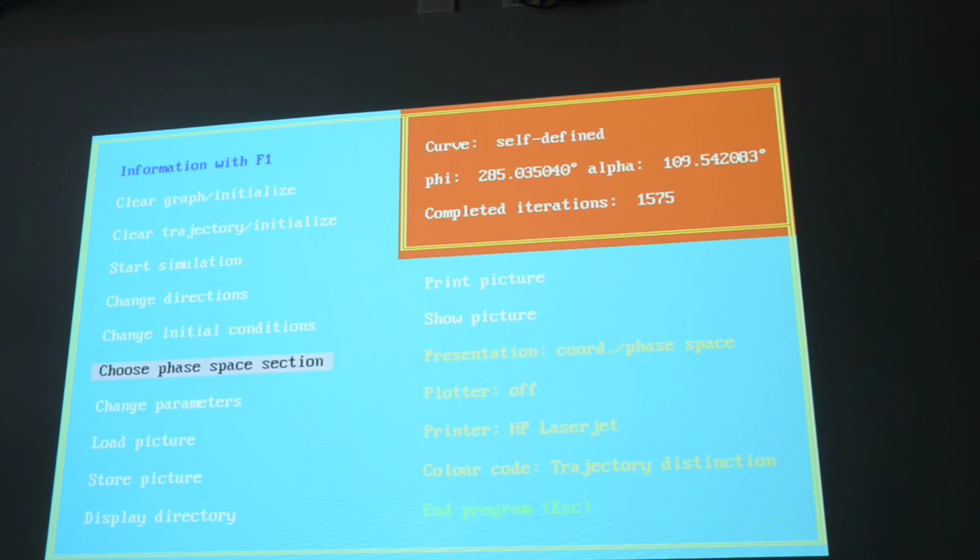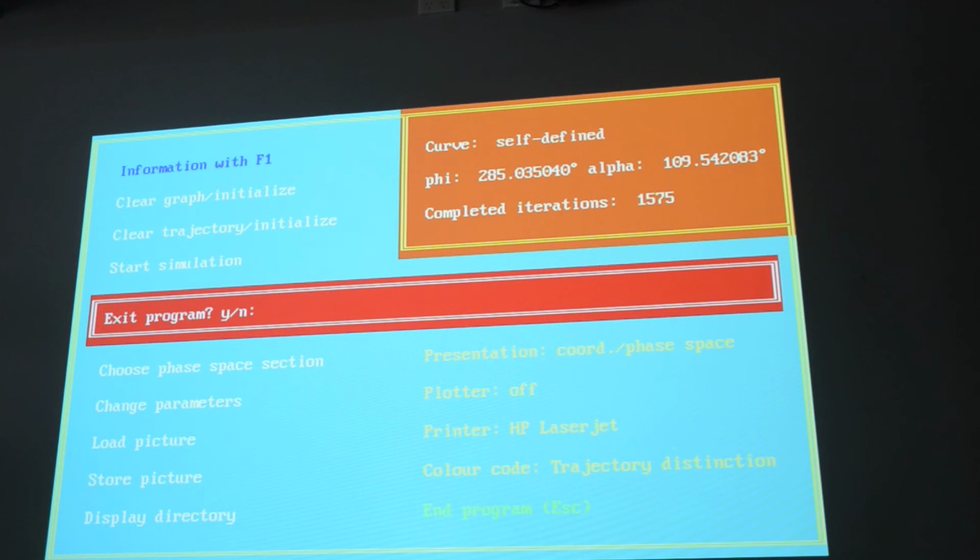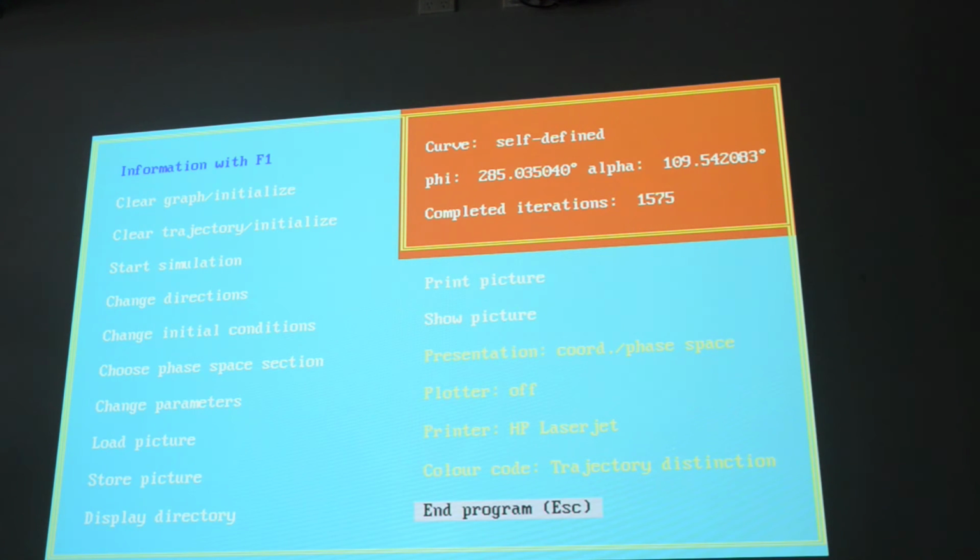I think I do escape. No, I don't want to do that. I just want to not do full screen. What is it that I do again? Command Tab?